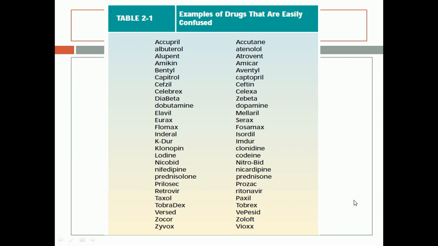So these are drugs that may be confused by a nurse or pharmacist or a technician, so it must be looked at or double checked whether the drug which has been written is the same or different.